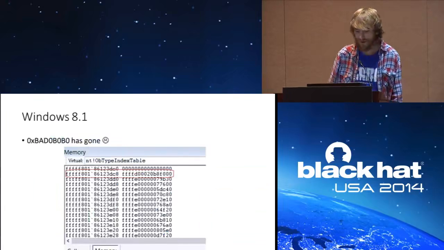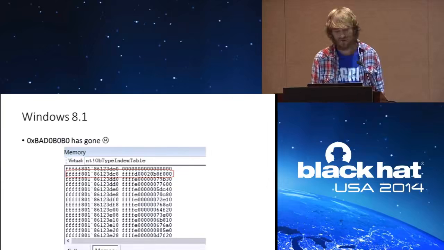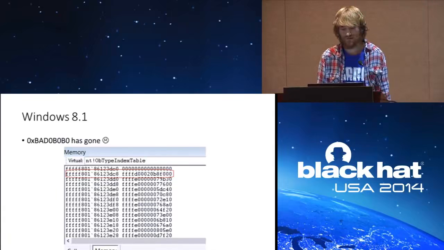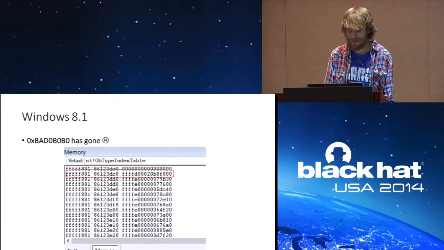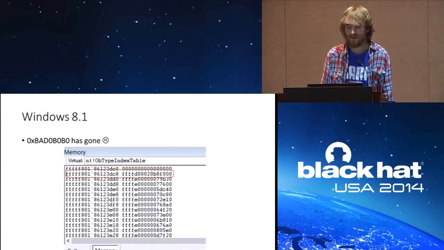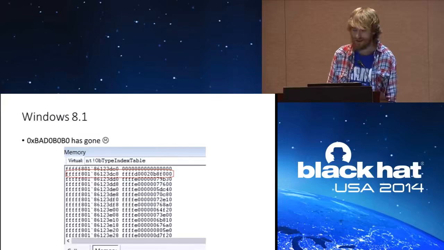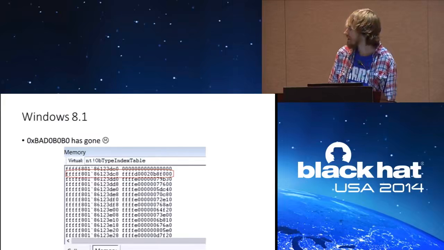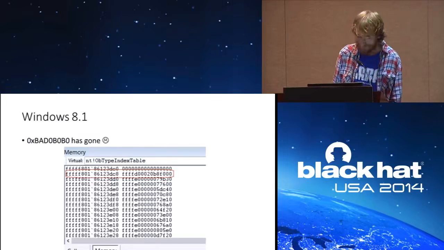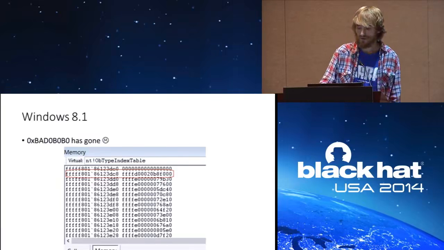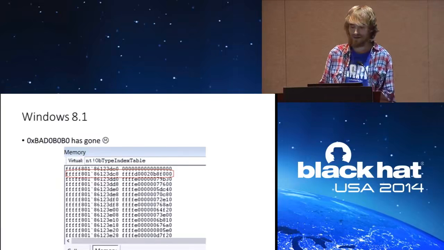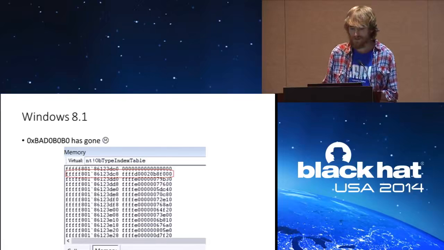On Windows 8.1, Microsoft didn't change the first element, because on 8 and 8.1 you can't allocate at address 0, but the second element they changed to an address, and this address is allocated in the very early booting process of Windows, when the Object Manager creates object types, it allocates memory.